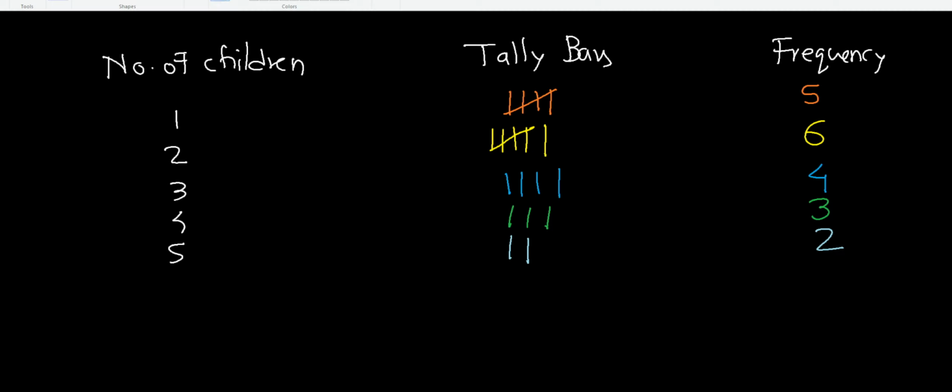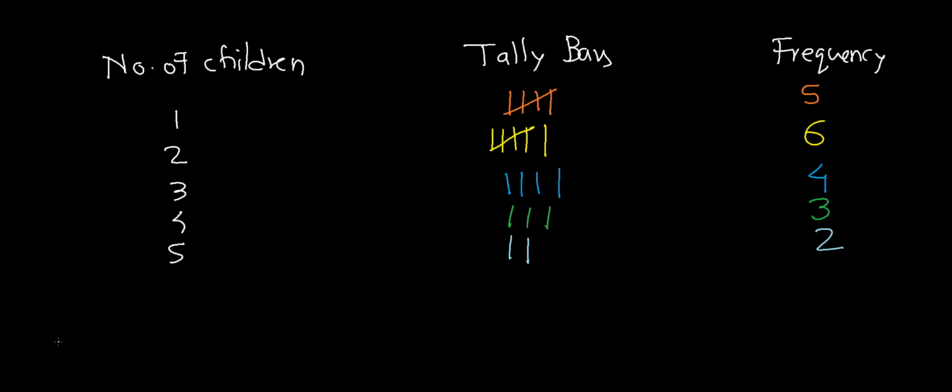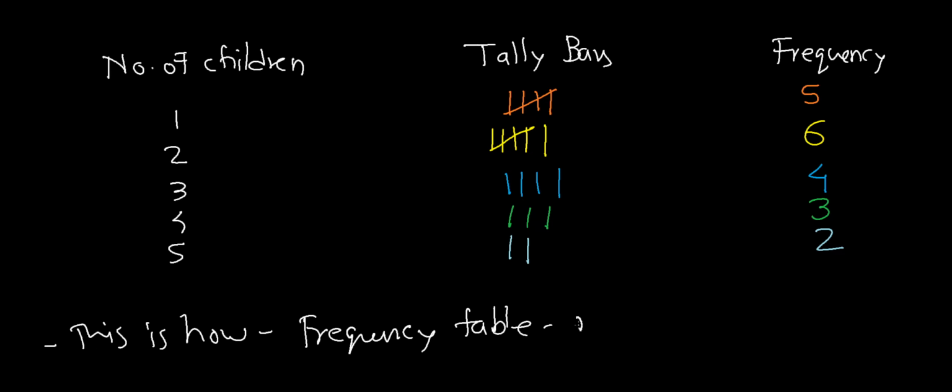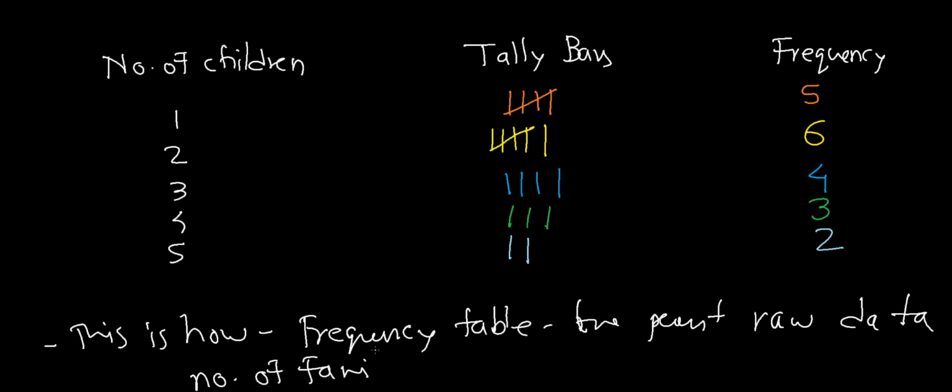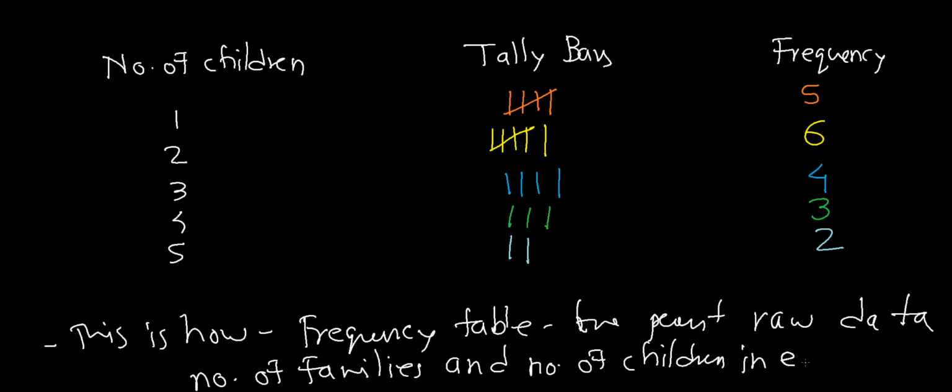So this is how we used a frequency table to present raw data, and in this case number of data is related to number of families and number of children in each family.